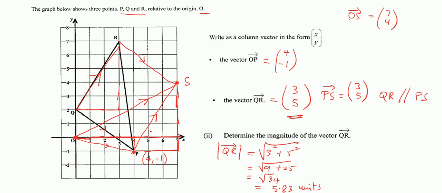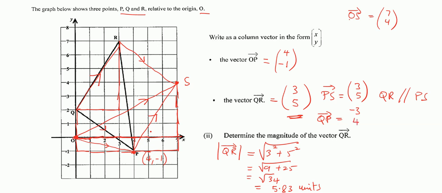So the vector QP, how do we get that? Where is Q? Right, so QP, we are going 1 down, 2, 3. Since we are going down, it's minus 3. And we're going to go 1, 2, 3, 4 across.